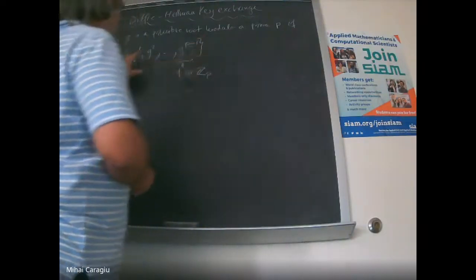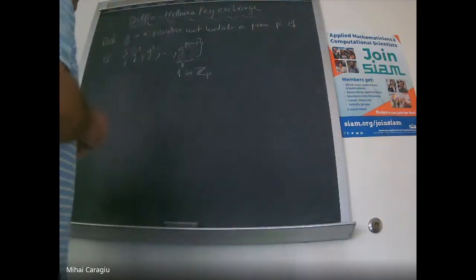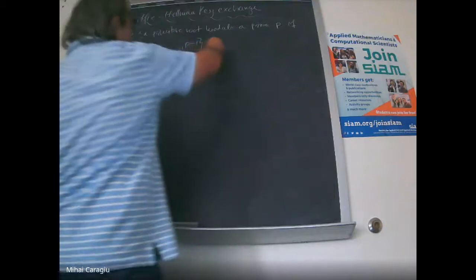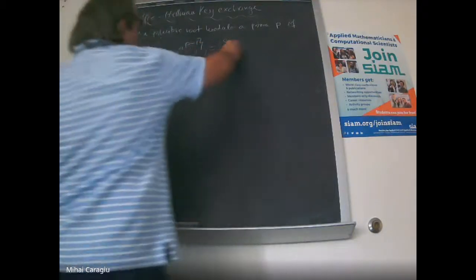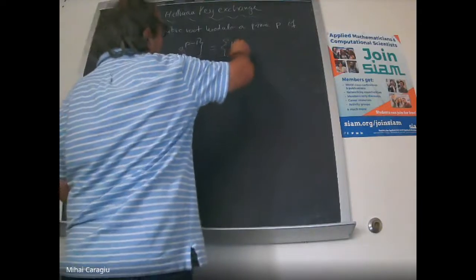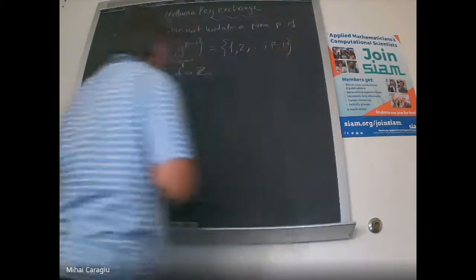G to the power P is back to G, so we don't get anything more after this. So this set is equal to the set of all positive elements modulo P. So 1, 2, up to P minus 1.